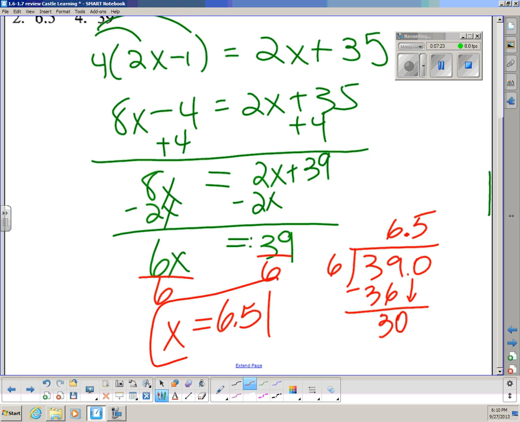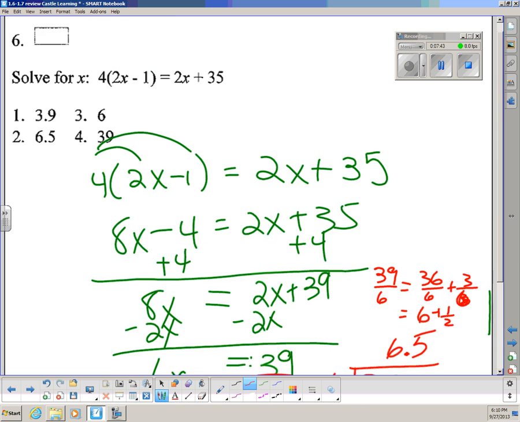And then we get 6.5. Another way to think of that is 39 over 6. Well, that's 36 over 6 plus 3 left over out of 6. So 36 over 6 is 6, and 3 over 6 is a half. So we get 6.5, which is choice 2.